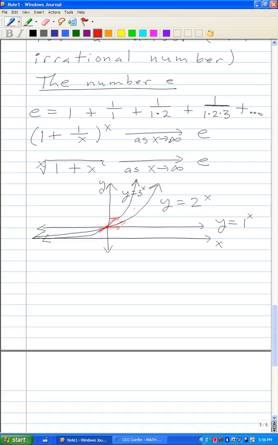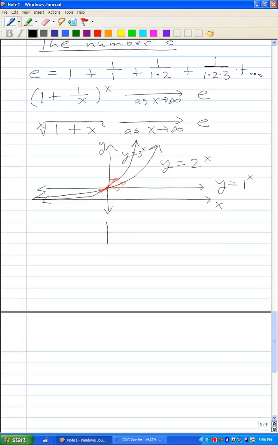And so eventually there will be some line where the slope of this tangent line is 1. Let me graph this again.